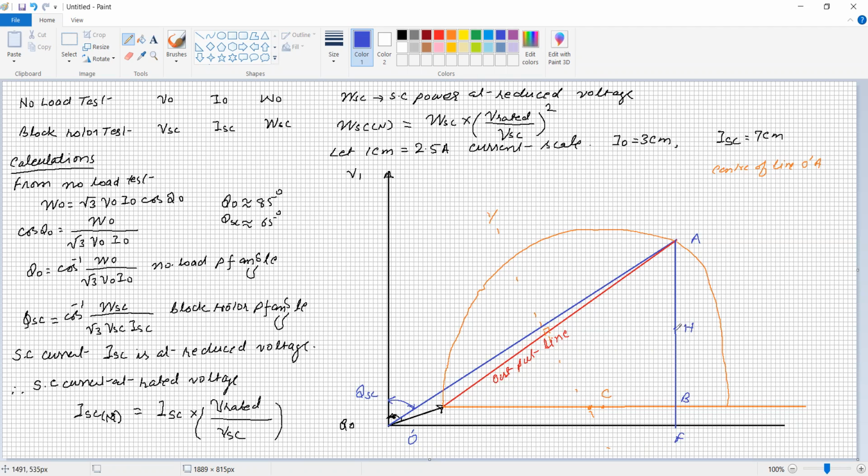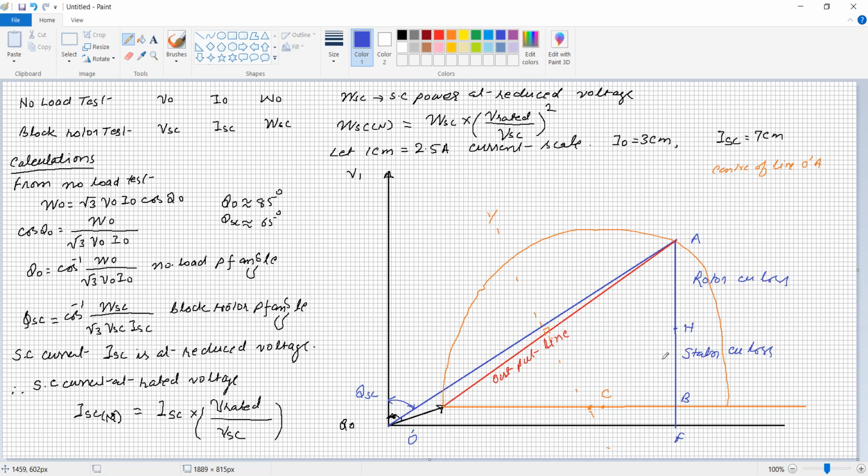Now the location of point H is decided if it is assumed that the stator copper losses are equal to the rotor copper losses. If stator Cu loss is equal to rotor Cu loss, then H will be the center of AB.